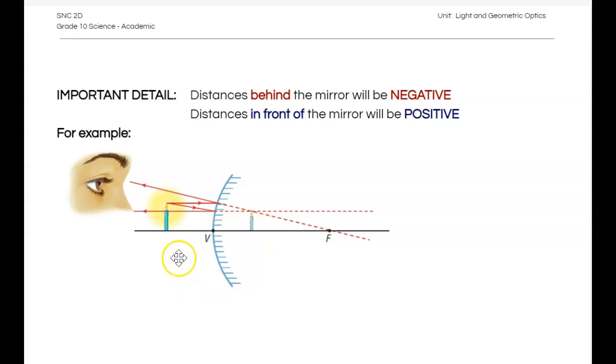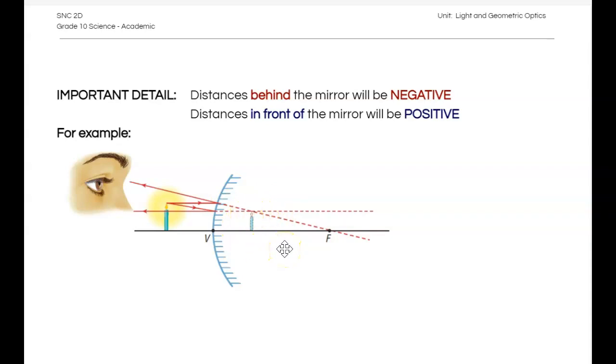So for instance here, in this convex mirror, my object is in front of the mirror, and so it would have a positive distance value. My image, however, is behind or inside the mirror, and so it would have a negative distance associated with it, right?